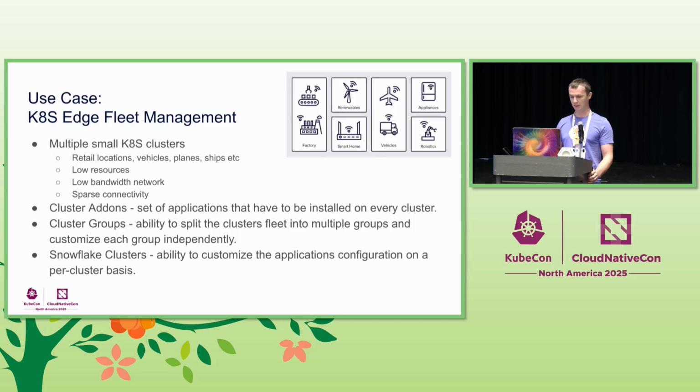Now let's talk a little bit about running Kubernetes clusters at edge. Through our journey, while working with different customers, we learned that Kubernetes is not running only in big, large data centers. Customers use Kubernetes to manage small devices that run in edge locations like retail stores, vehicles, and planes.